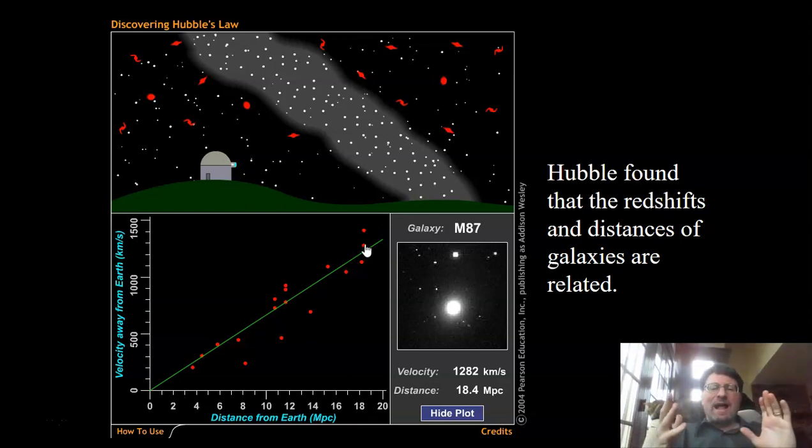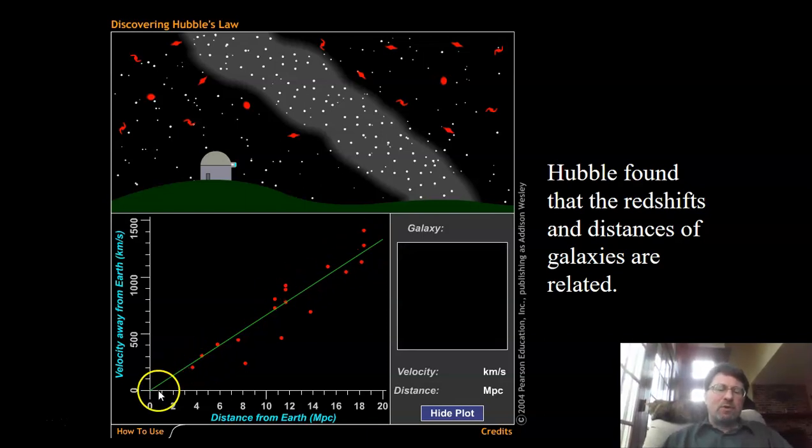So while nearby galaxies, like those within our local group, can really be having a mixture of velocities, in fact, Andromeda isn't even moving away from us, it's moving toward us. As you go further and further away, galaxies are without fail moving away from us, and that motion is actually described quite well by a straight line for velocity versus distance.